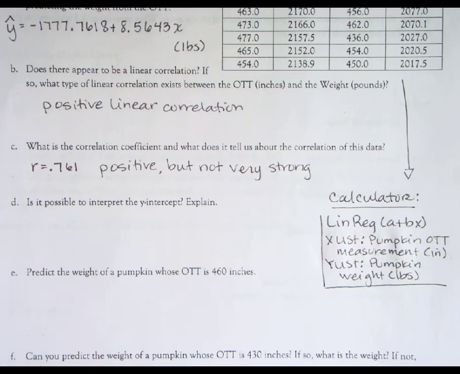So if I have an OTT measurement of 0 inches, this would mean that I have a weight of negative 1,777 pounds. That's an impossible value to have. So it's not possible for us to interpret a y-intercept because it's impossible for us to have a negative weight.